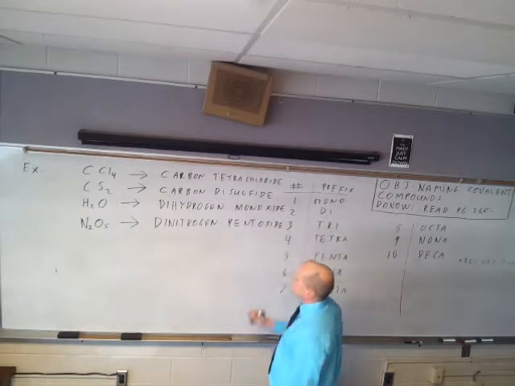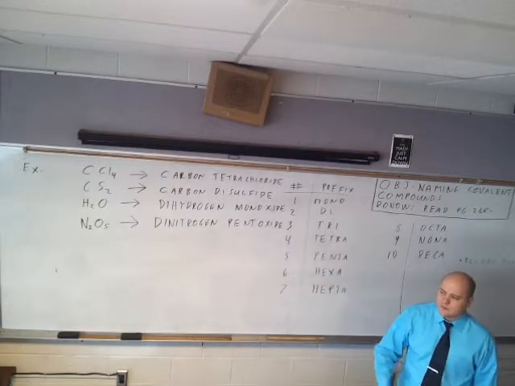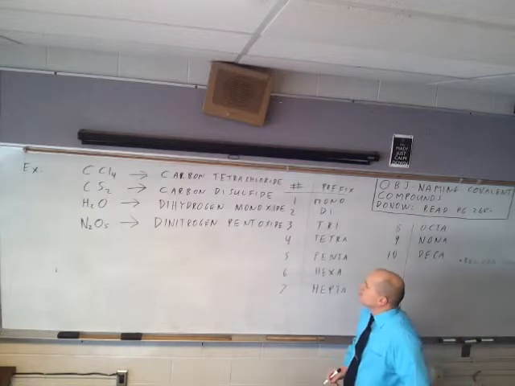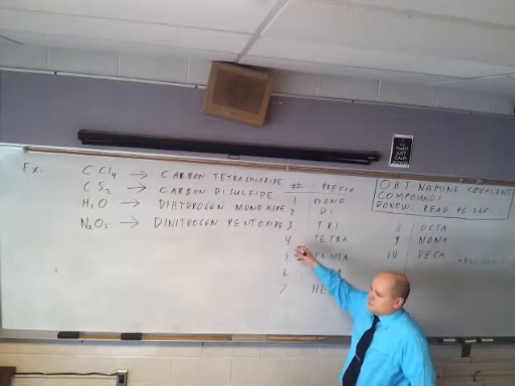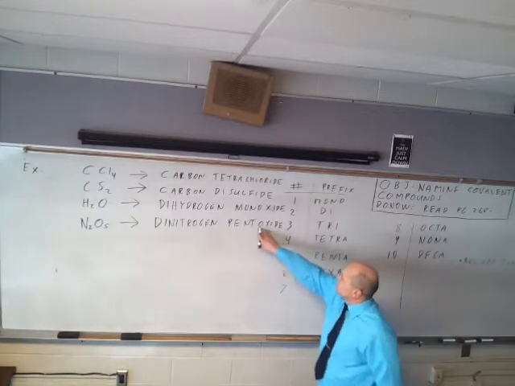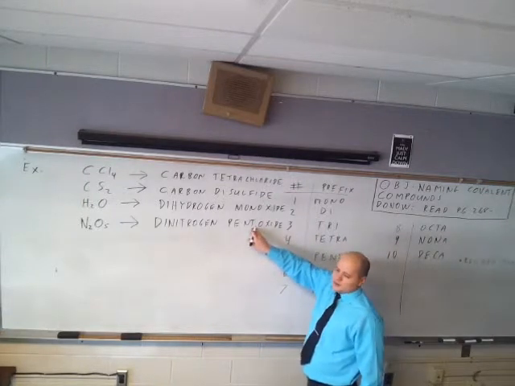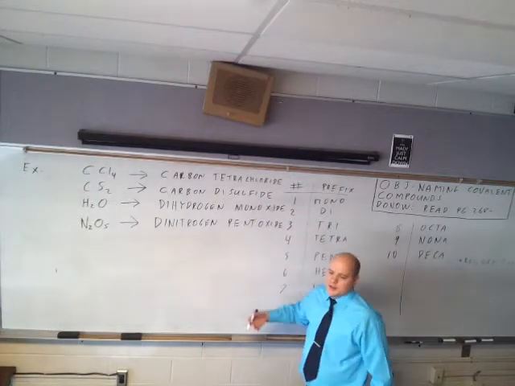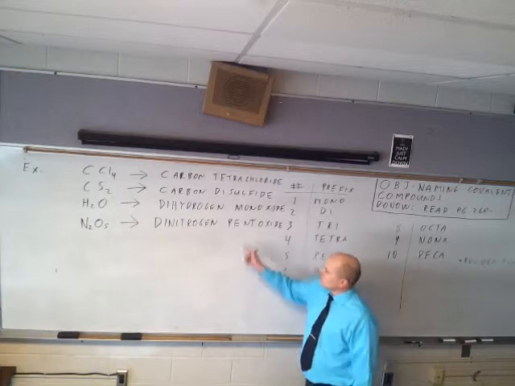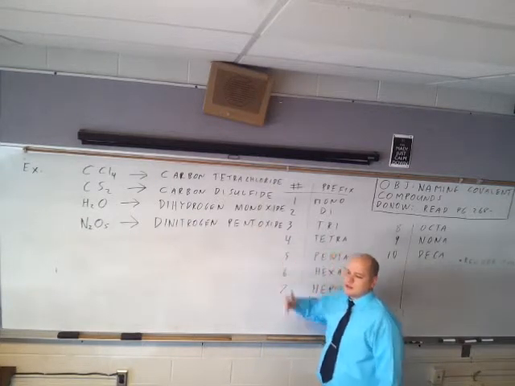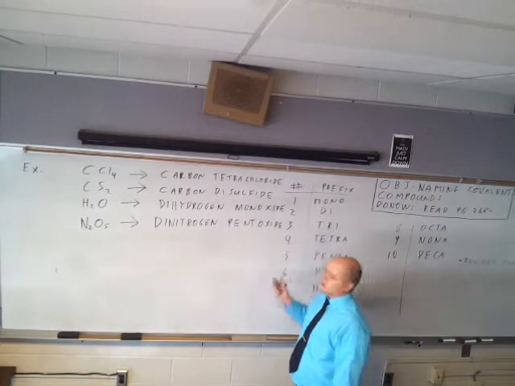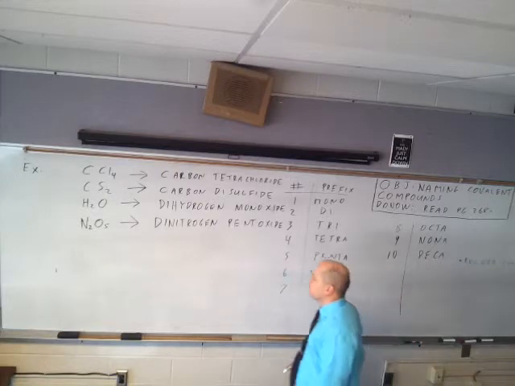And it's weird because you don't always know when to throw out letters and when not to. So sometimes we throw away the vowel that's there and sometimes we don't. And you really just have to do a few of these and get used to it. Usually if it's an A and then oxygen afterwards, then you take away the A. If it's an I, like trioxide, you keep the I.